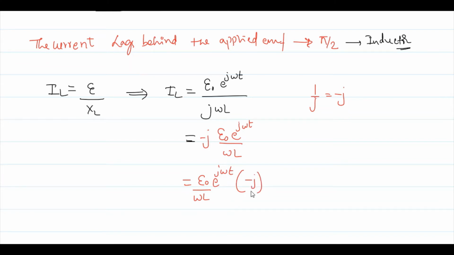According to complex number concepts, 1 by j is equal to minus j.